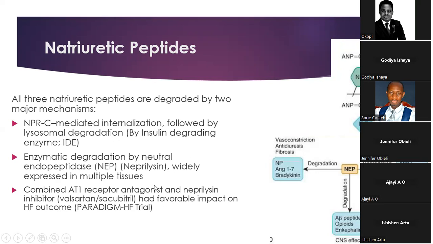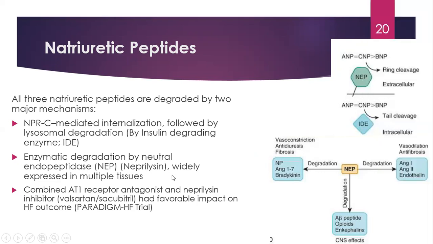In the circulation, they are degraded by the neutral endopeptidase neprilysin, which is widely expressed in multiple tissues. If you look at this diagram, this is neutral endopeptidase degrading them extracellularly by cleaving the ring, whereas in the lysosome intracellularly, they are degraded by insulin degrading enzyme. So they cleave the tail and inactivate the natriuretic peptide.